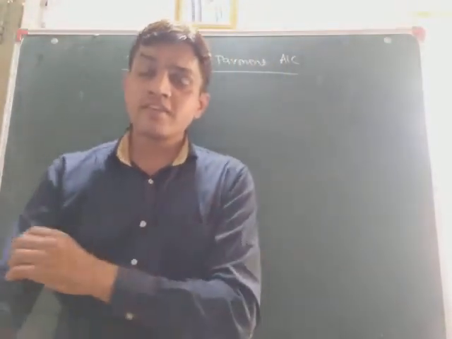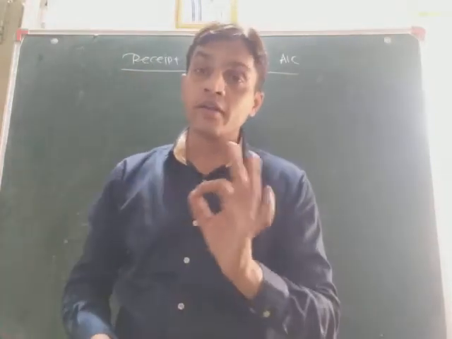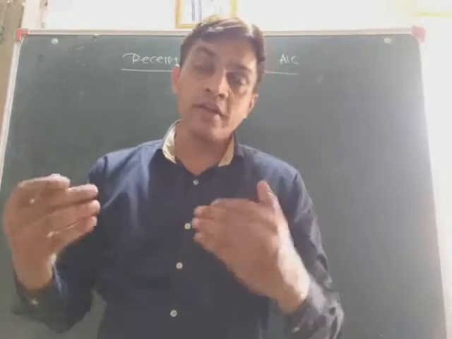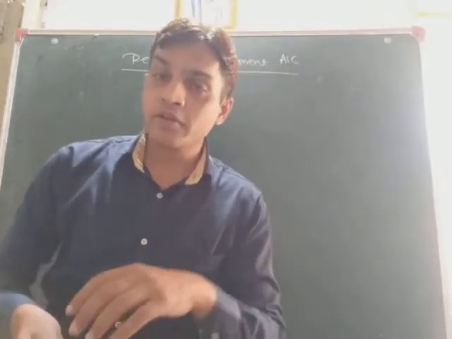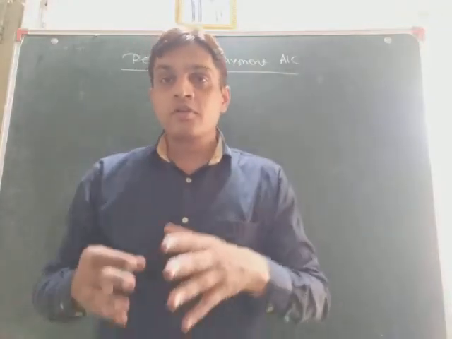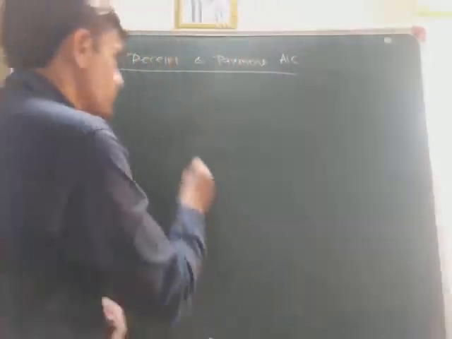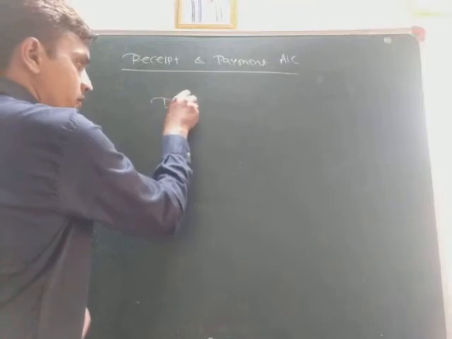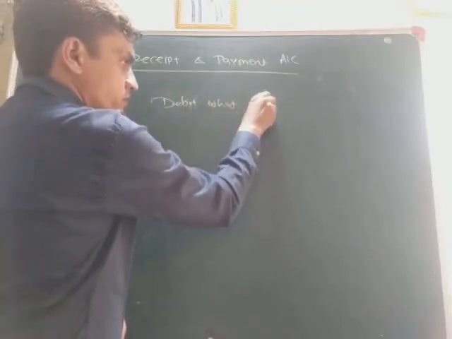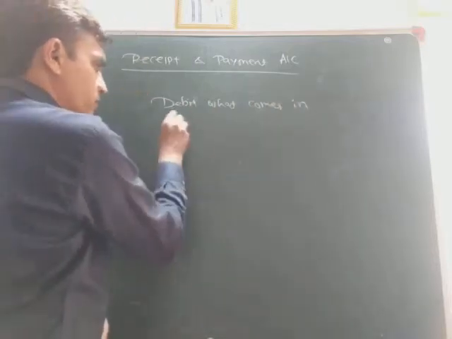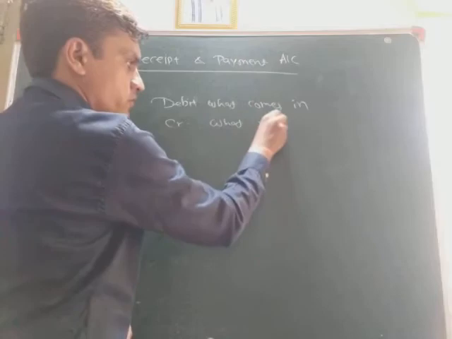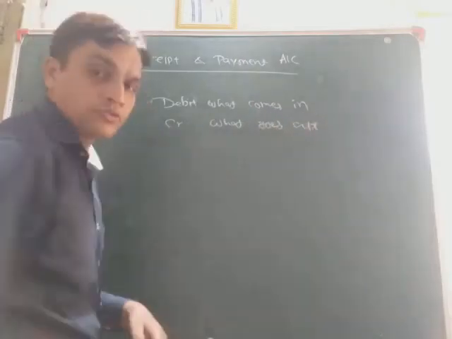Now, this receipt account is like a real account. Why is it a real account? Because in 11th commerce we have studied the rules and regulations of real accounts. The rule of real accounts is: debit what comes in and credit what goes out.